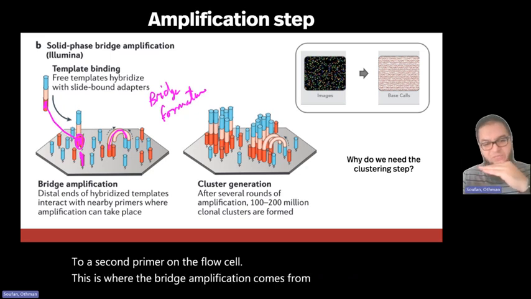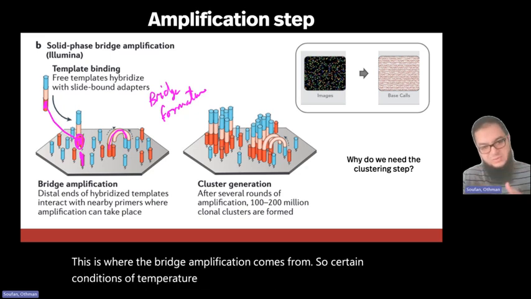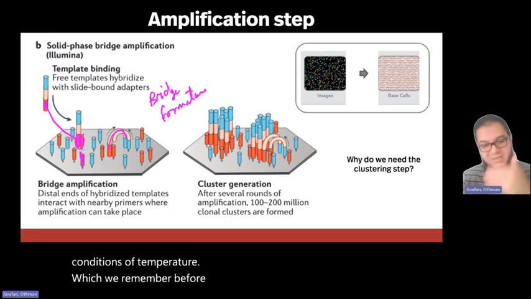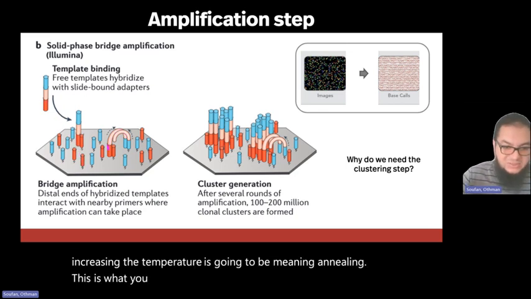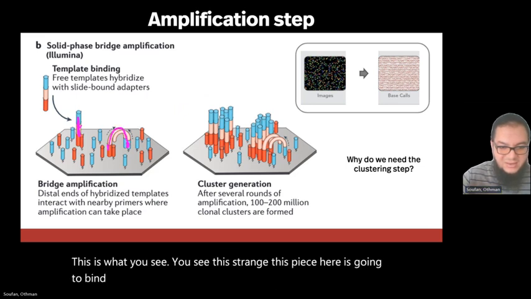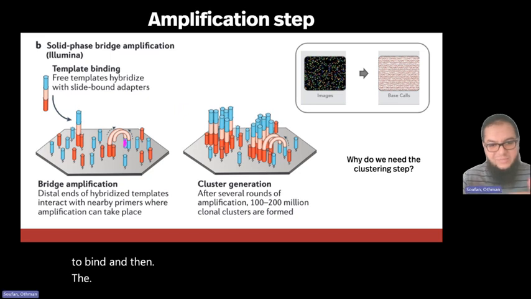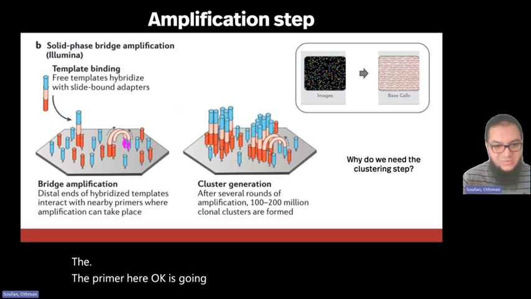So under certain conditions of temperature, which we discussed before, we can refer back, increasing the temperature is going to mean annealing. Now this is what you see. This piece here is going to bind, and then the primer here is also going to hybridize or link to the adapter.